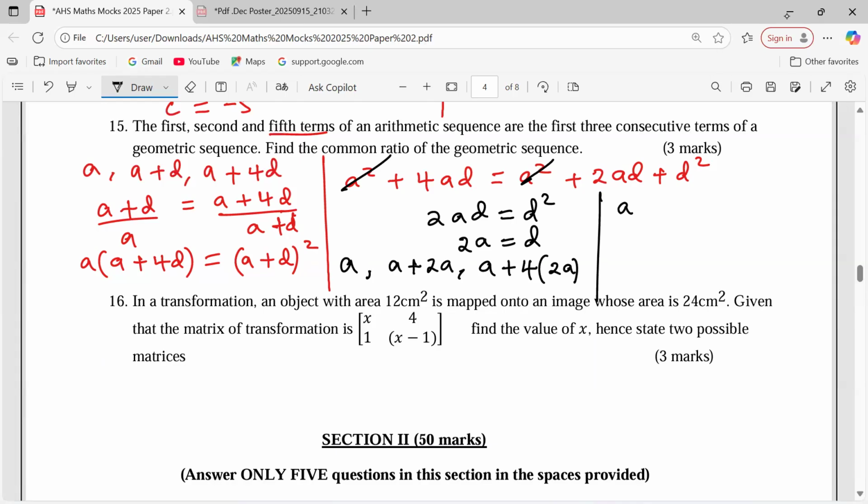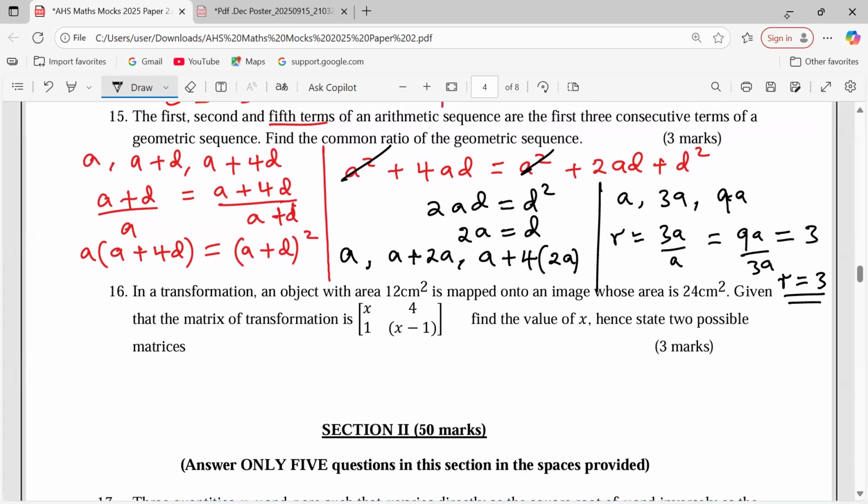So now we have A, we have 3A, and this is giving us 9A, meaning that now we can get the common ratio. 3A out of A, which is the same as 9A over 3A, narrows down to 3. So the common ratio here is 3. The common ratio is exactly 3.